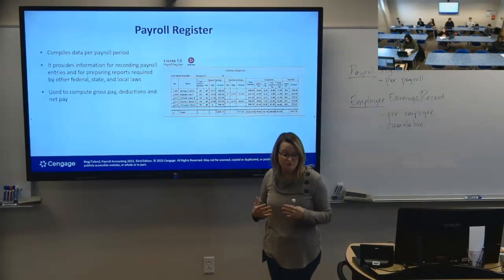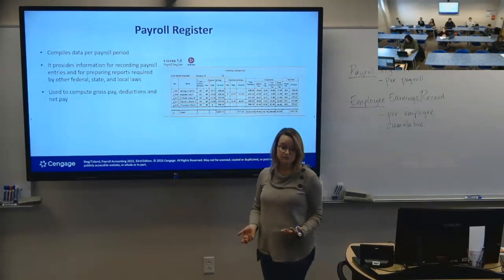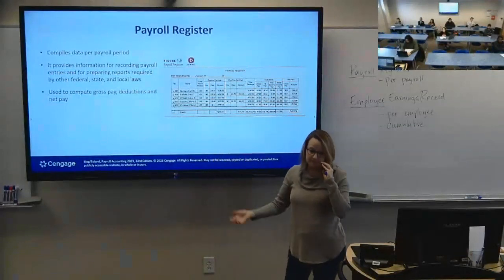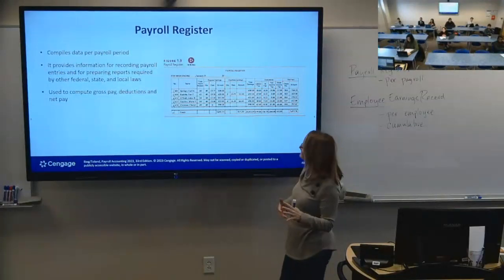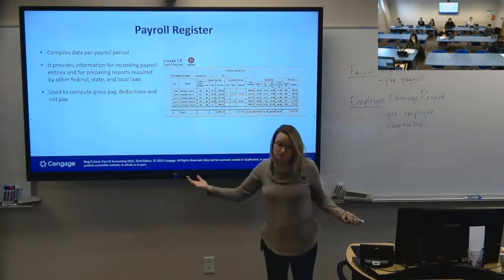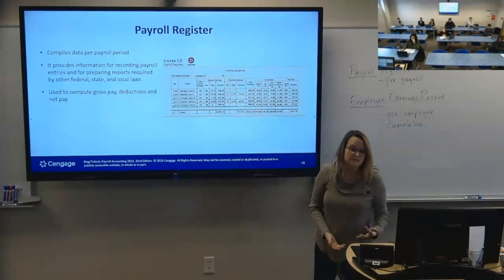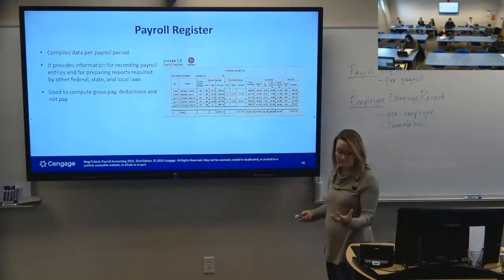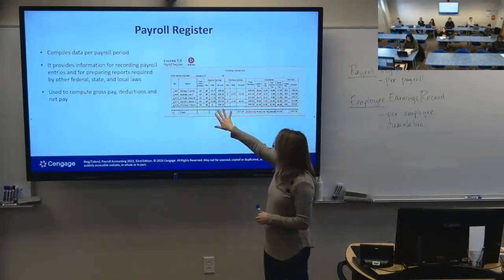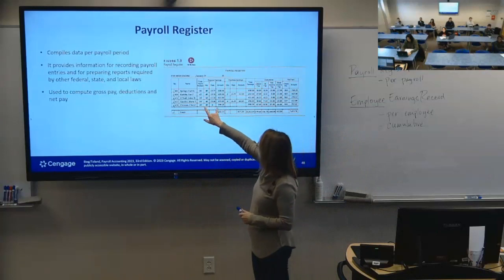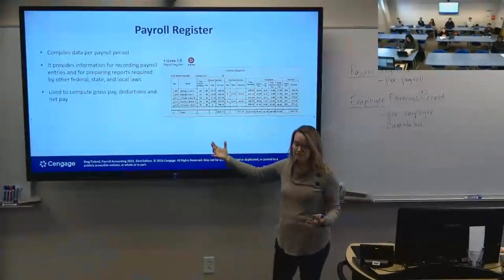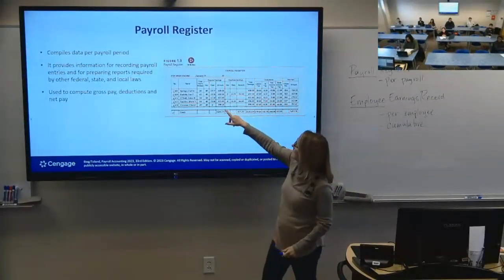Larger corporations will hire a software company to build their own software so that it's specific to that company and it automatically integrates into their accounting system. But this can also be done on Excel. Now, obviously, if it's done on Excel, there's a much greater chance of some human error occurring. But if it's set up properly, then it'll work.